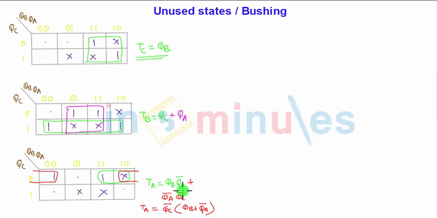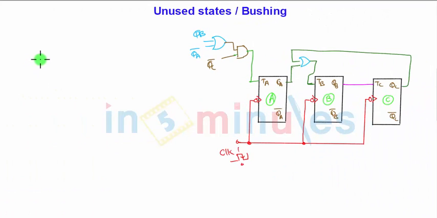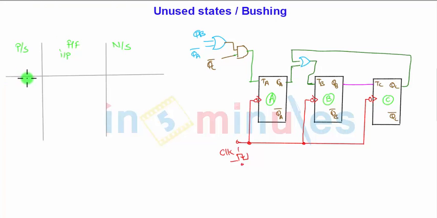Okay, for this purpose we will once again require present states, their flip-flop inputs, and finally their next states. So flip-flop inputs are shown here for the respective counter. And what are the present states? Let us find it out. Present states are QC, QB, QA.